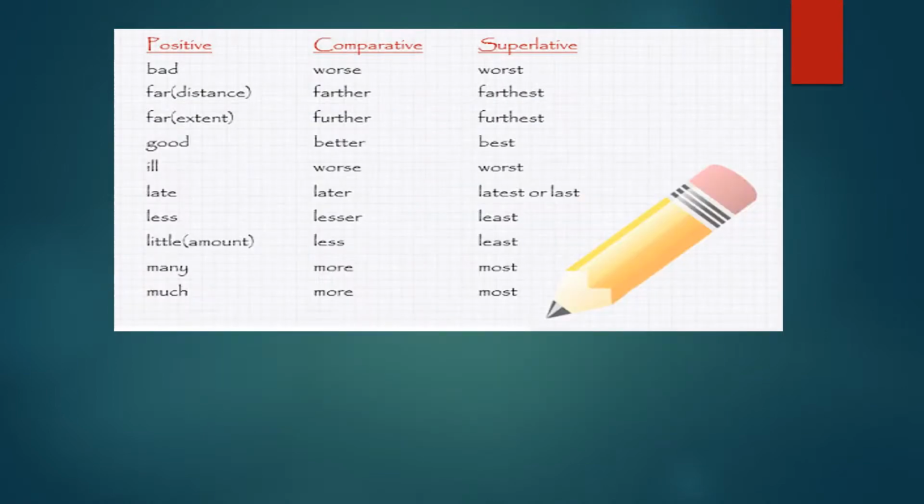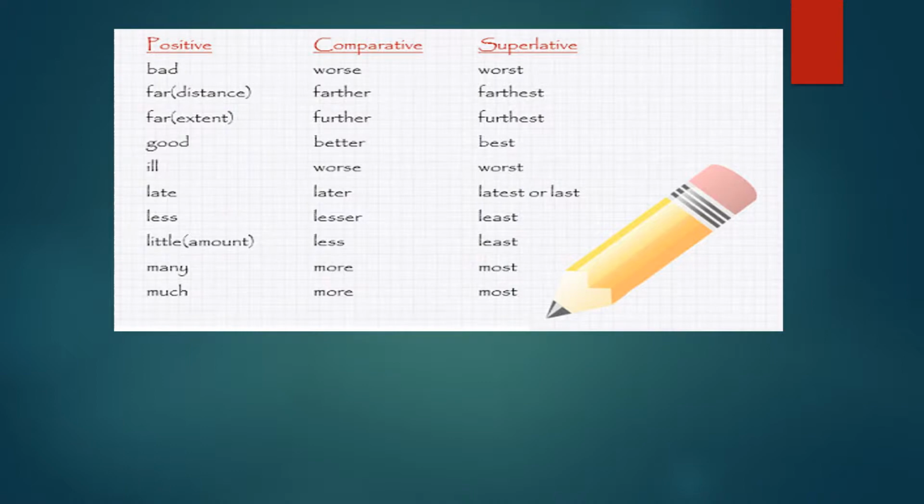So students, in this slide, the formation of comparative and superlative degrees can be done by using irregular forms of comparison. There is a different word for the positive as compared to the comparative and superlative.